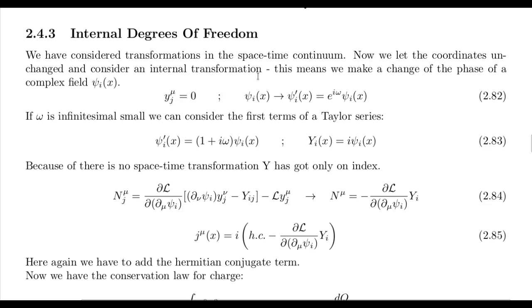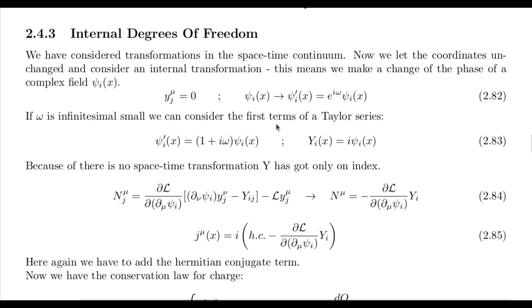And we have for the transformation in psi, this gauge transformation, we have here the complex exponential function, and we multiply the psi with that complex exponential function and the parameter omega. Okay, this is the change in the phase of the wave function. We say omega is infinitesimally small.